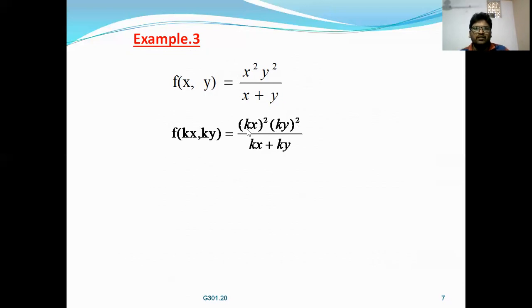In the numerator, you have k square into k square, so you will get k to the power of 4. Here there is a mistake: the 2 is replaced by 4, but it is a printing mistake. So k to the power of 4 into x square plus y square by k into x plus y, which is equal to k into x square plus y square by x plus y.